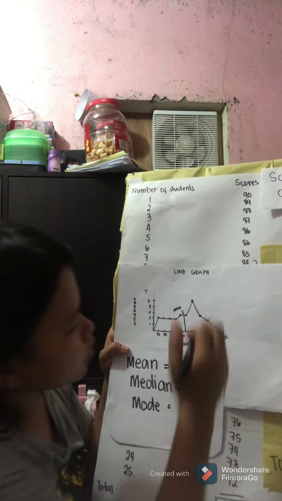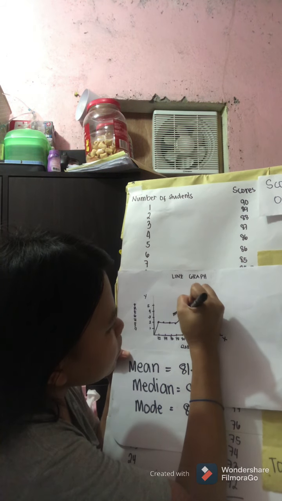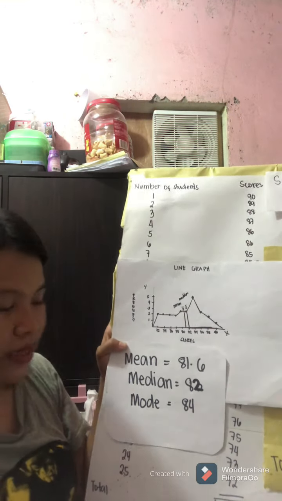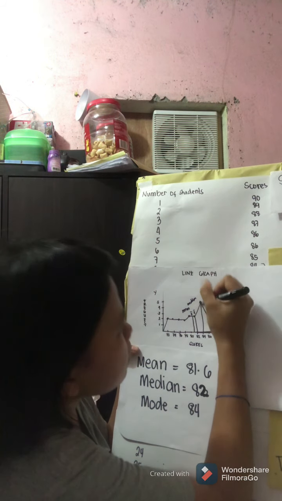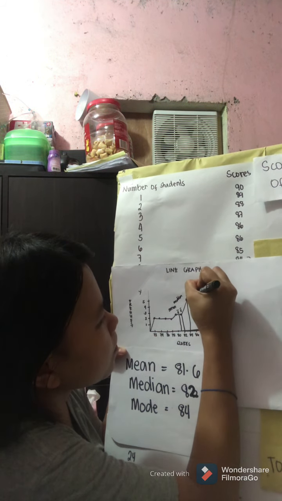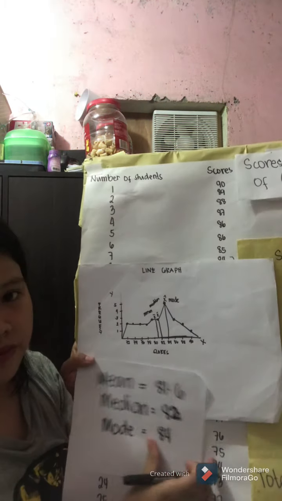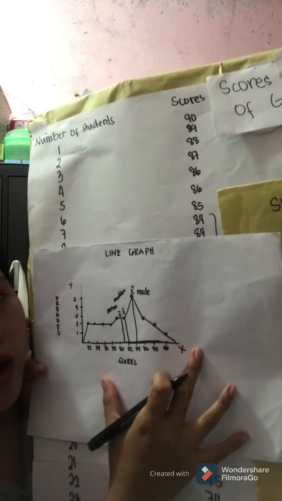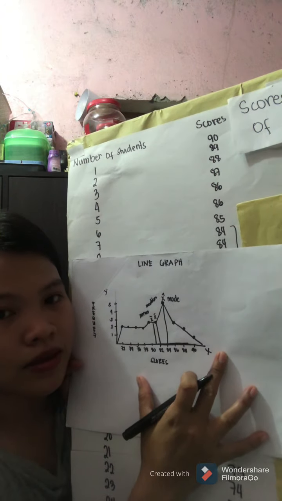Our median is 82. And lastly, our mode is 84. So this is what our negatively skewed distribution looks like.